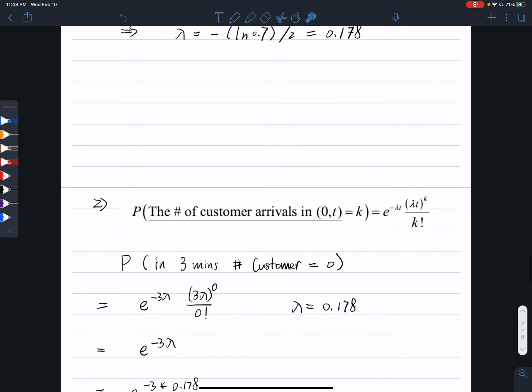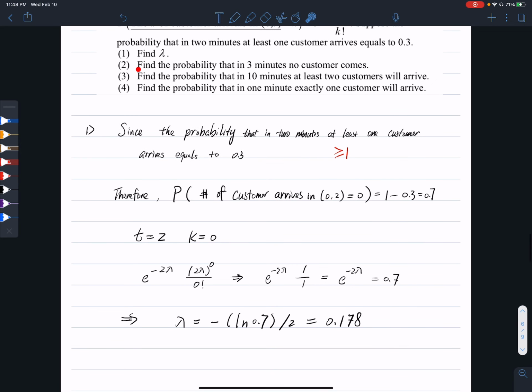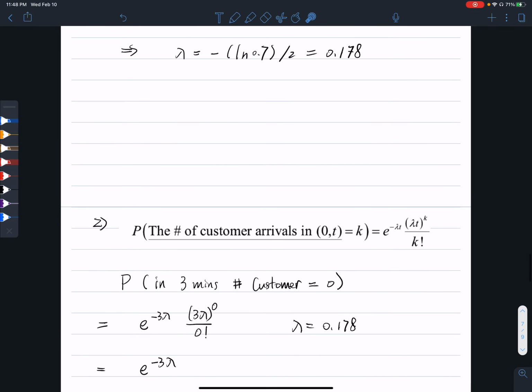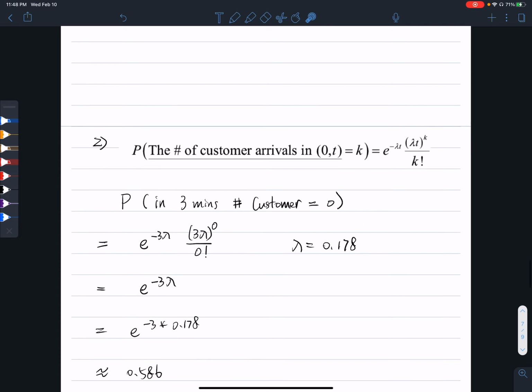So for question 2, it is asking to find the probability that in 3 minutes no customer comes. So basically, the t is equal to 3, no customer, the customer number is 0, so k equal to 0. Here we just plug in since we already know the value of lambda.